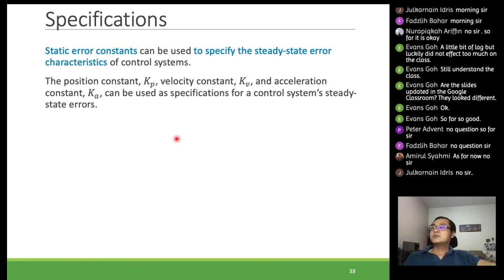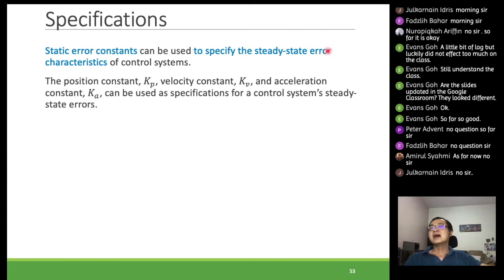The next one we call specifications. In these specifications, the steady state constants are used to specify the steady state error characteristic.